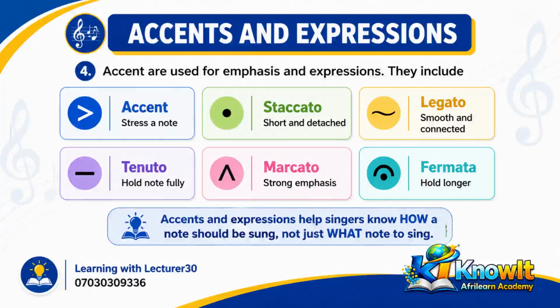We have the legato that emphasizes smooth connection. Then we talk about the tenuto. It's placed above the note also to tell you to hold the note's full value. Then the marcato, which talks about strong emphasis on the note. We'll talk about the fermata, which is where you're going to hold long.